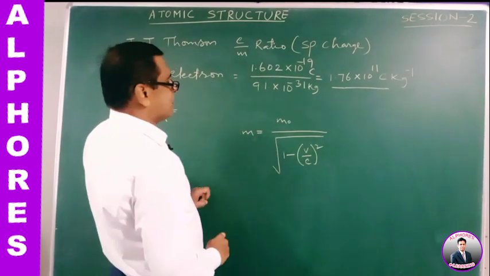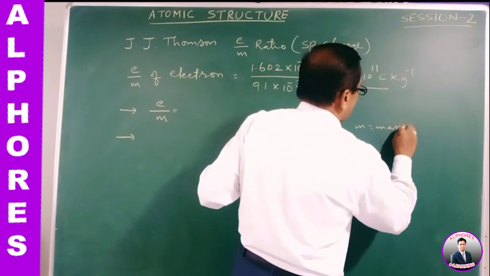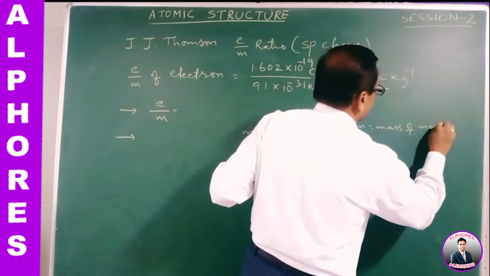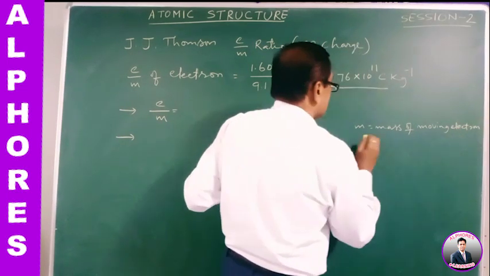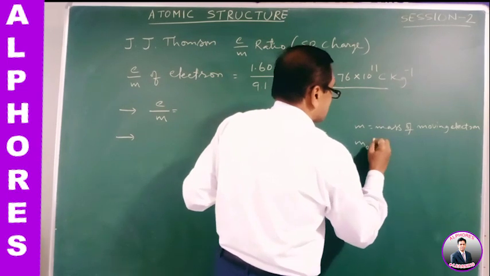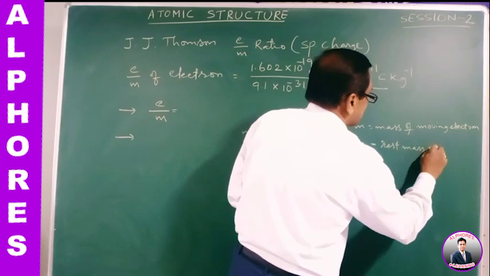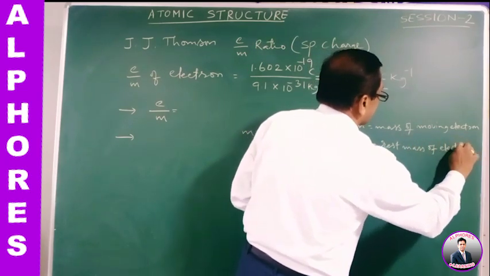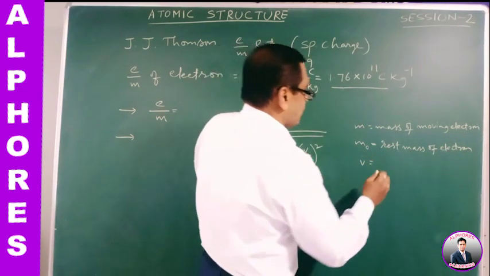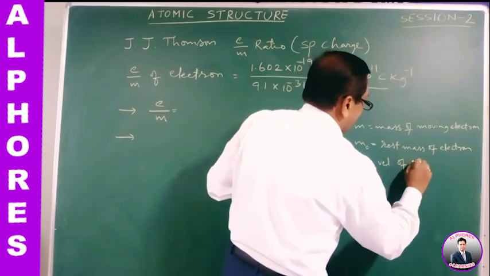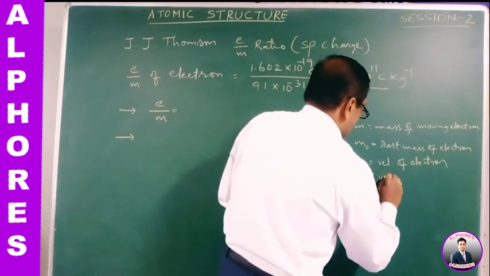Here in this formula, m is the mass of the moving electron, m naught represents the rest mass of the electron, v is the velocity of the electron, and c is the velocity of light.